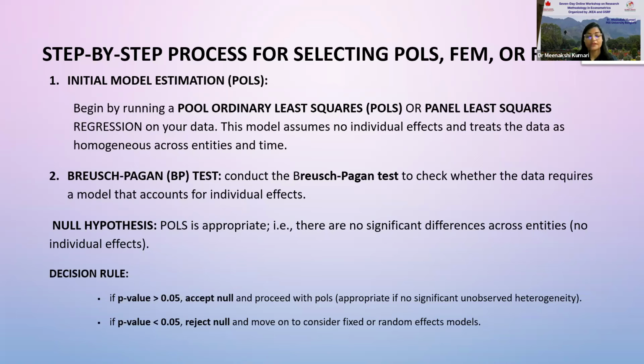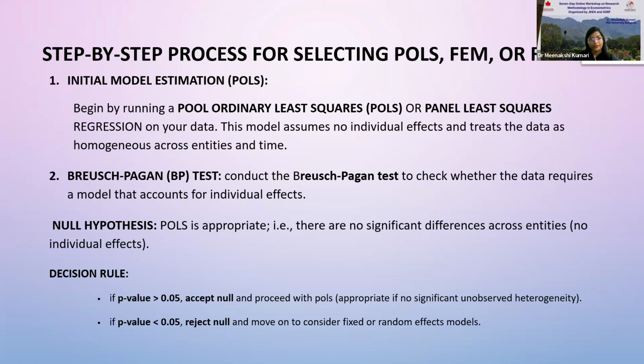If the p-value is less than 0.05, it means pooled OLS is not perfect, and we have to go with either random effect or fixed effect. And if your p-value after running the BP test is greater than 0.05, you don't need to go to FE and RE. You can go easily with your pooled OLS result and conclude your result.